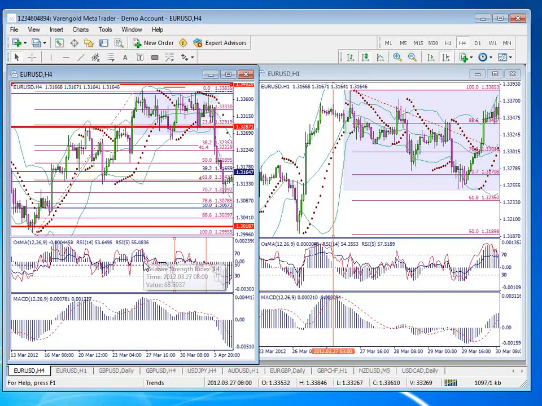So the first signal will be here in this area, where we have the confirmation from MACD.